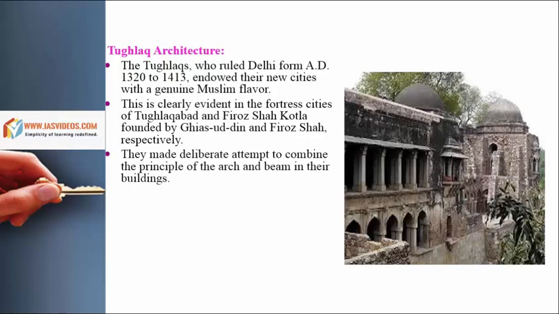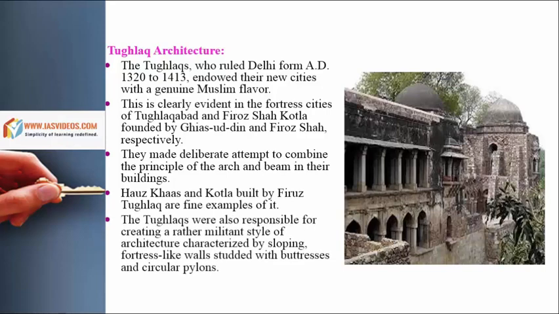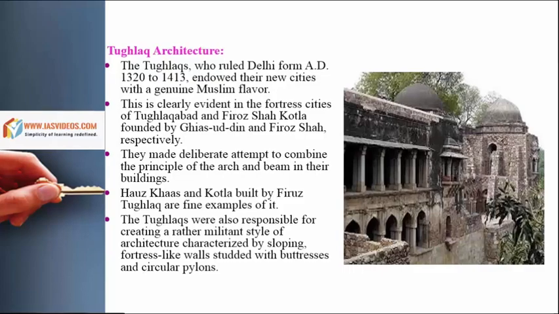They made a deliberate attempt to combine the principle of the arch and beam in their buildings. Hauz Khas and Kotla built by Firoz Tughlaq are fine examples of it. The Tughlaqs were also responsible for creating a rather militant style of architecture, characterized by sloping, fortress-like walls studded with buttresses and circular pylons.